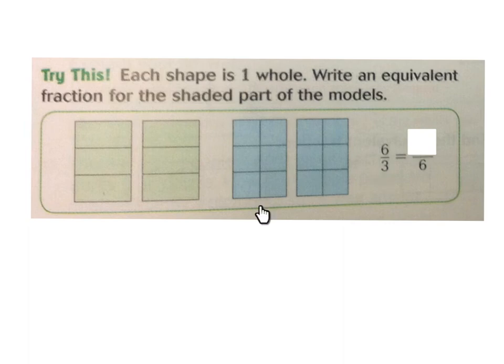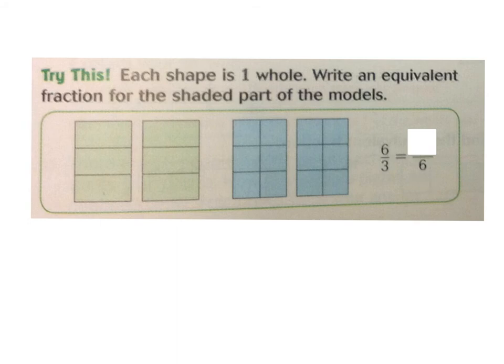Looking at the blue model, I see that there are also 2 wholes. However, each whole on the blue model is split into 6 equal parts. So the denominator is 6.